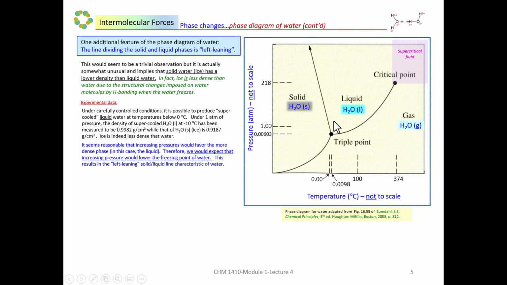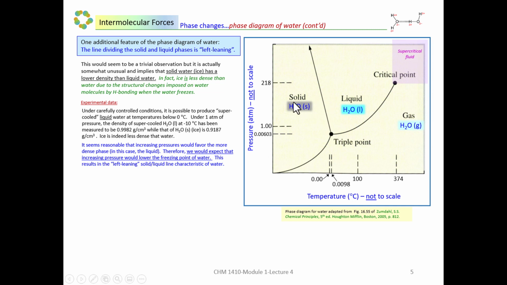You can see here that at, say, this temperature here, which is just less than 0, if we increase the pressure, if we go to high enough pressures, we can see that we go from the solid to the liquid phase. In other words, as the pressure goes up, this line that's leaning to the left says that the melting point of ice, which is right along this line, keeps decreasing.